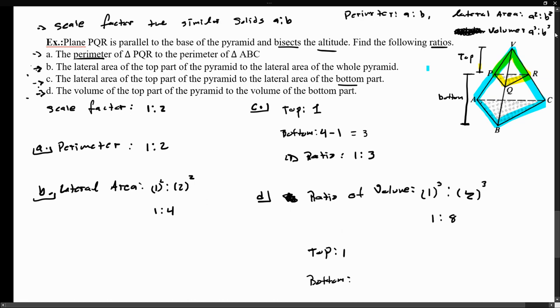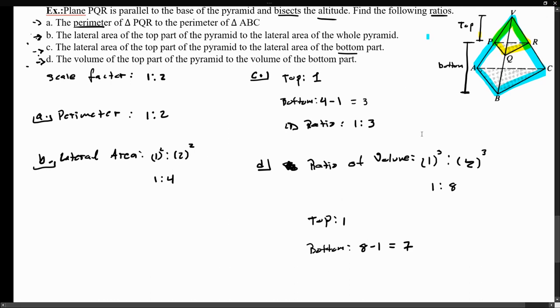This bottom section is the whole pyramid minus the upper pyramid, where the whole pyramid has a value of 8 and the upper pyramid has a value of 1. So the bottom is going to be 8 minus 1, which is just 7. Therefore, the ratio of the volume of the top part of the pyramid to the volume of the bottom part is going to be 1 to 7.